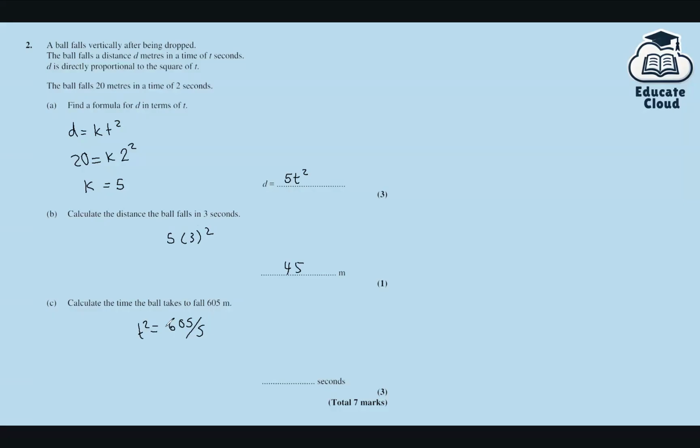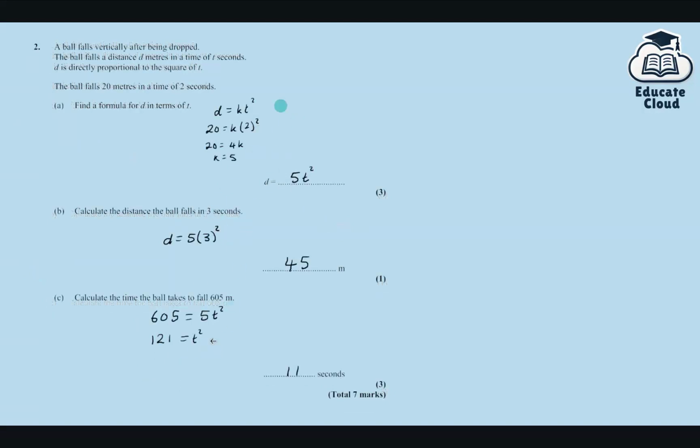That's 121, and then we want to root it. So t is just 11 seconds. Okay, that's how you'd go about that. So just in terms of working, laying it out really clearly like this.